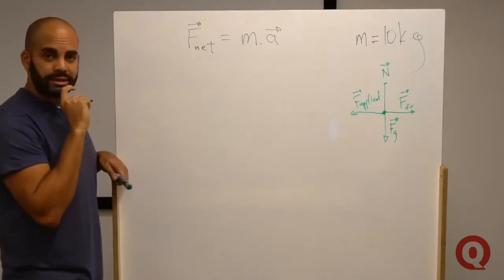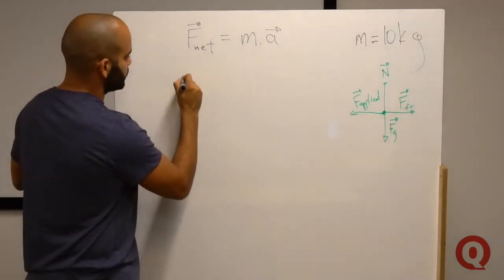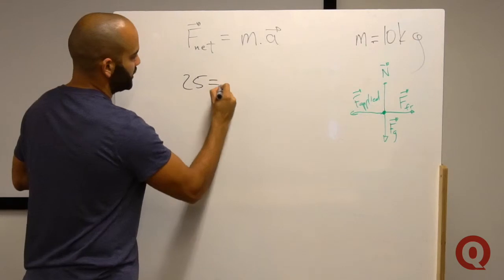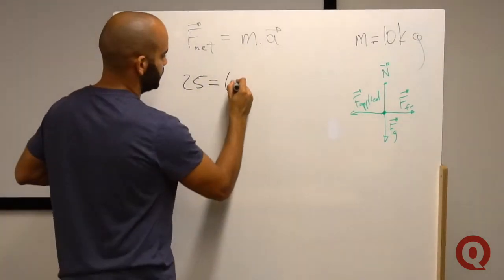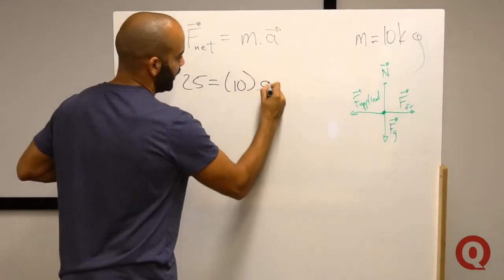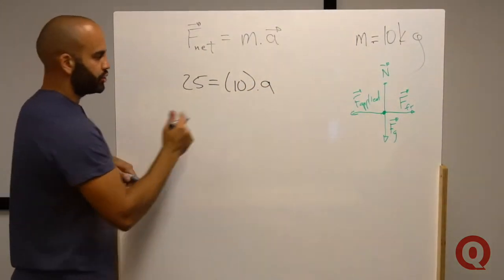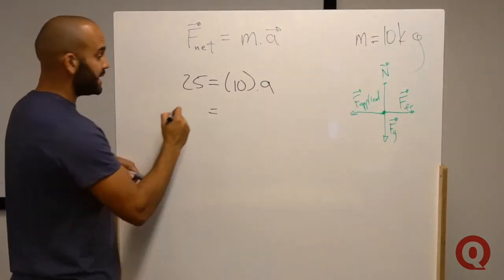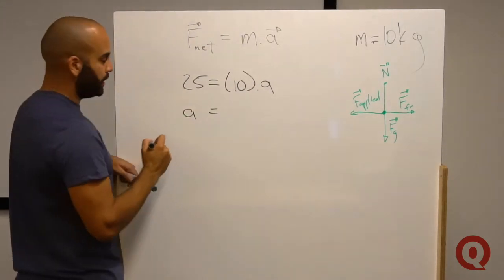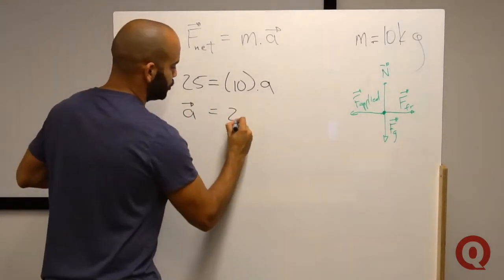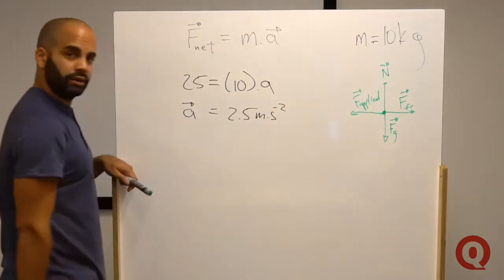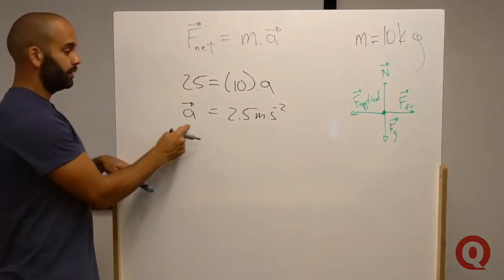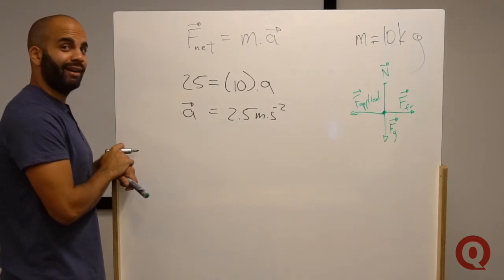Of course we are. F net is equal to 25 newtons, so 25 must be equal to the mass of the block, 10, times a. So the acceleration of the block would be 2.5 meters per second squared.